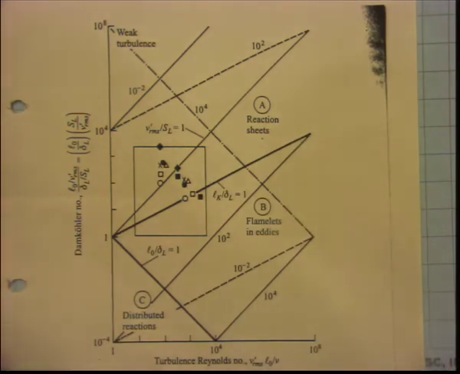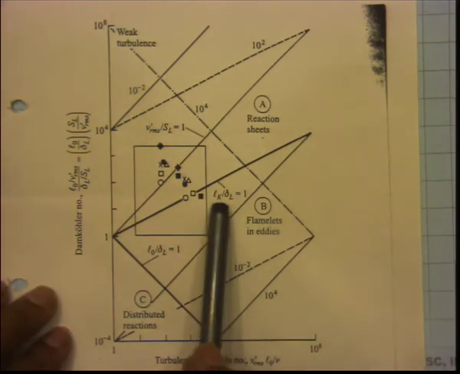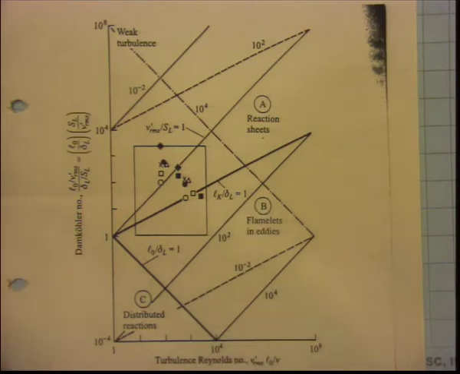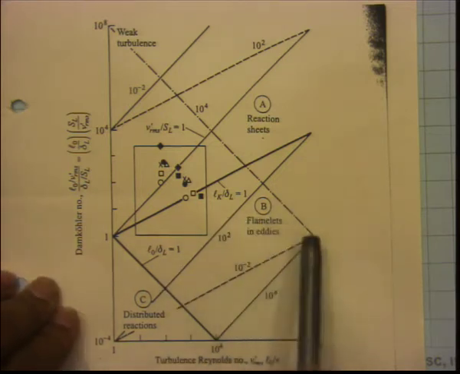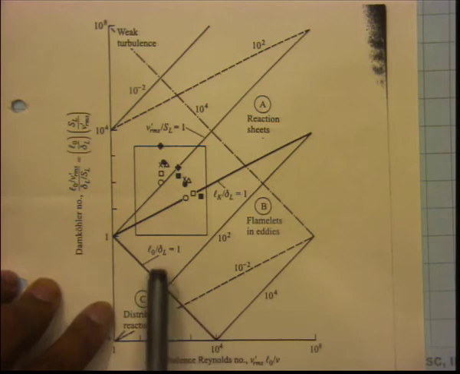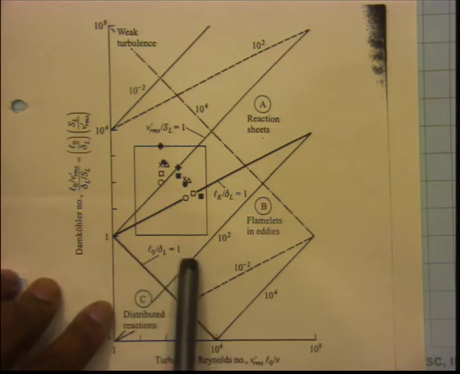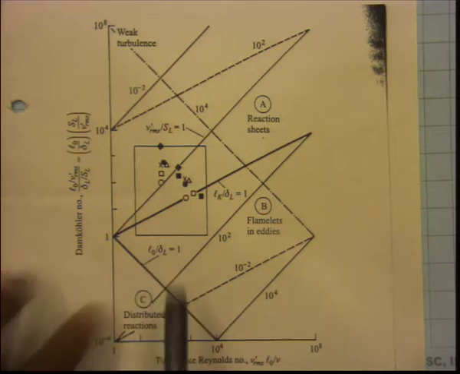This bold line says Lk by delta L equal to 1. So, on this line, the Kolmogorov length scale divided by the flame thickness is equal to 1. And on this line, you have LO by delta L equal to 1, meaning the integral length scale divided by the flame thickness is equal to 1.